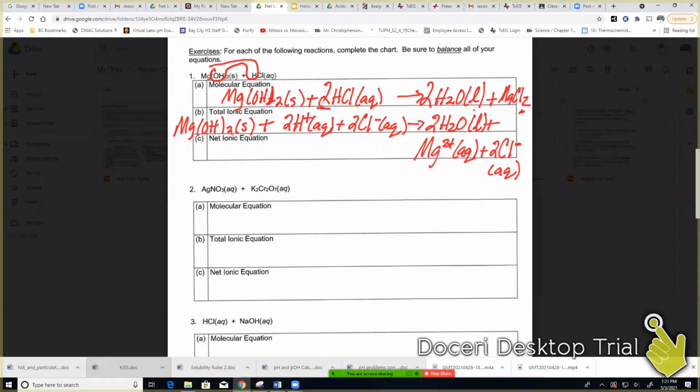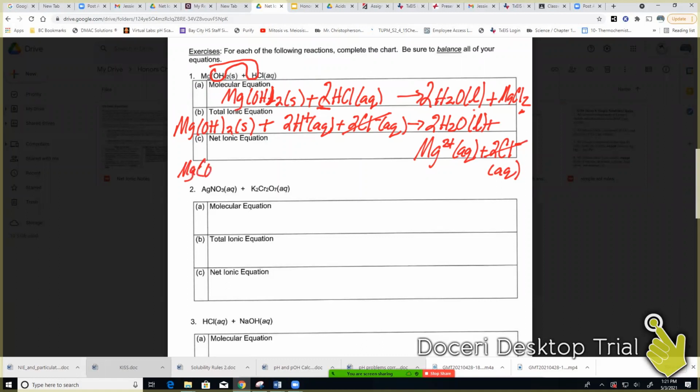So the next thing that we need to do is get rid of our spectator ions. So what's going to be our spectator ion here? Chloride. Yeah, the only thing we got is the chloride. That's the only thing that's available on each side of the reaction. So now I just put it back together.